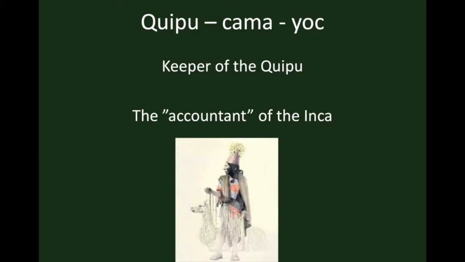What each string on the Quipu Kamayak's quipu represented would have to be related to a particular person, say, or who knows what. But in any case, the memory of the person who kept the quipu would be an important part of it.